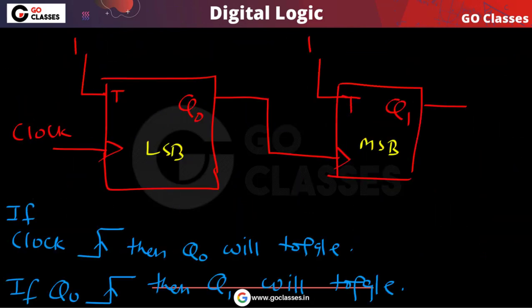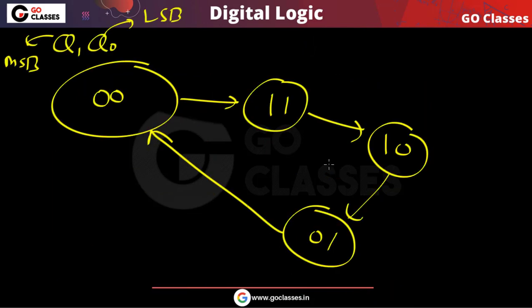So you can notice this circuit is a counter, because it goes through this sequence of states. If you start in the initial state 0 0, the next state will be 1 1, then 1 0, then 0 1, then 0 0. Basically from 0 you are going to 3, from 3 to 2, from 2 to 1, and from 1 to 0.